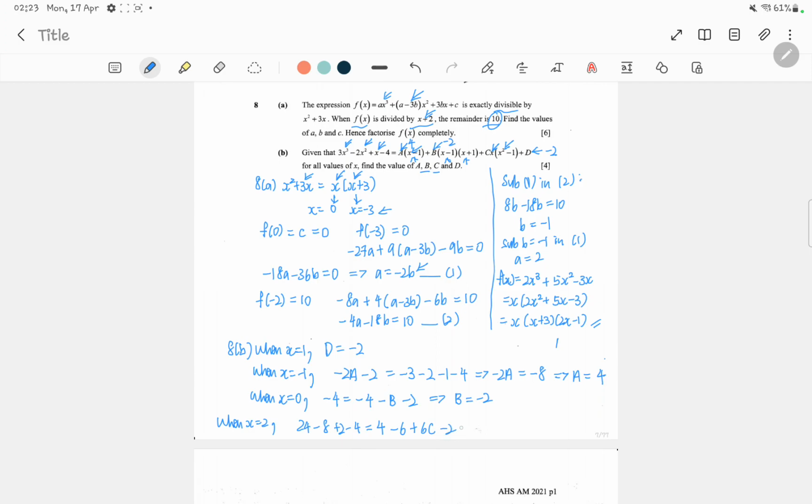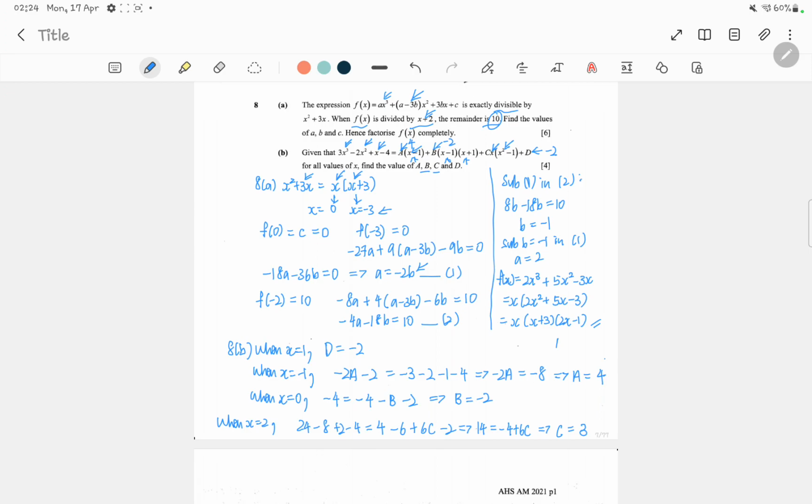Okay, so let's evaluate the left hand side. It will be 24 minus 8, 16. 16 plus 2, 18. 18 minus 4 is 14. And the right hand side is 4 minus 6 minus 2. That gives us minus 4, plus 6c. So this means that c is actually equal to 3.